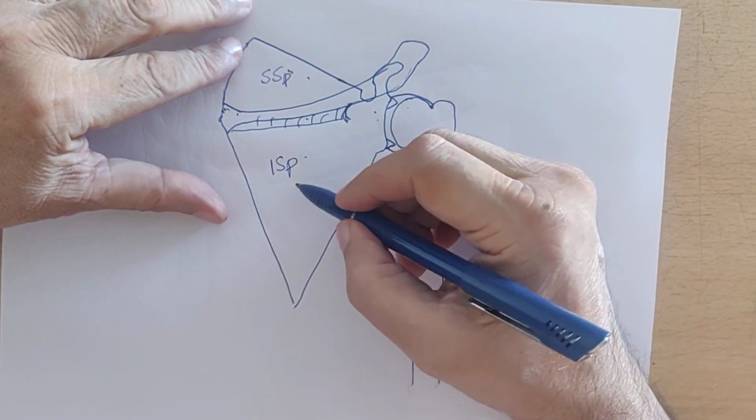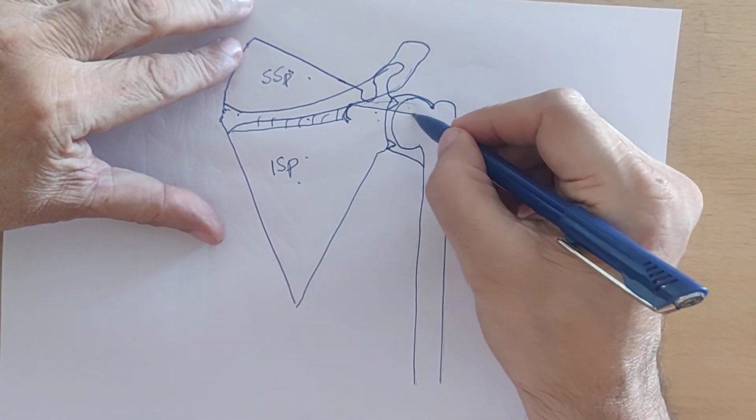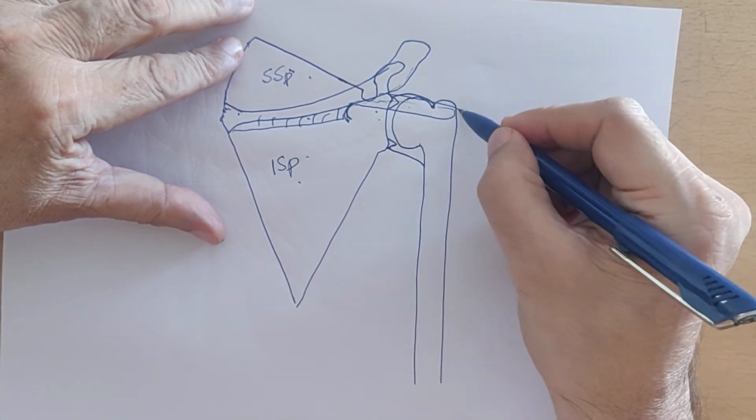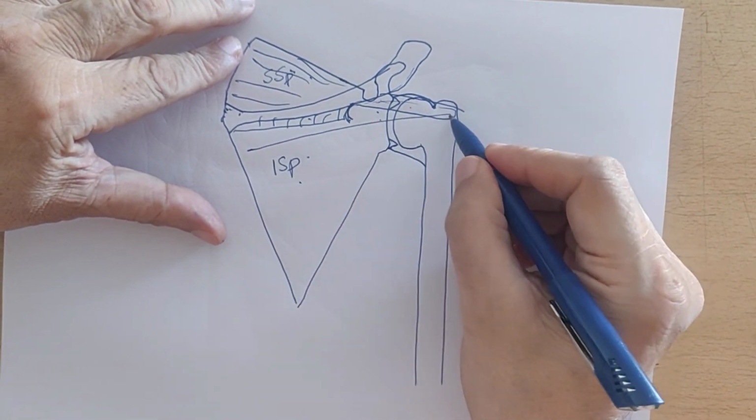So you have the supraspinatus here, you have the infraspinatus here. Supraspinatus comes and gets inserted like this, and the infraspinatus below it.